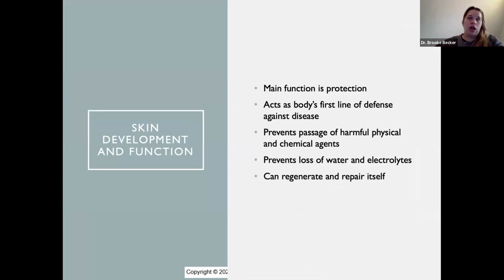Also preventing water loss and loss of electrolytes, okay? Skin can obviously regenerate and repair itself. You get a cut, a scab forms, and then the skin repairs from, you know, the inner part of the skin outward, and then that scab falls off and you have that new skin in place.